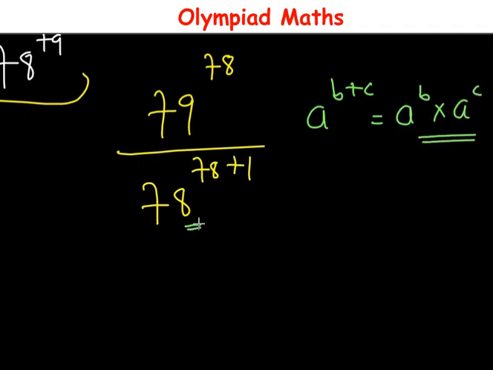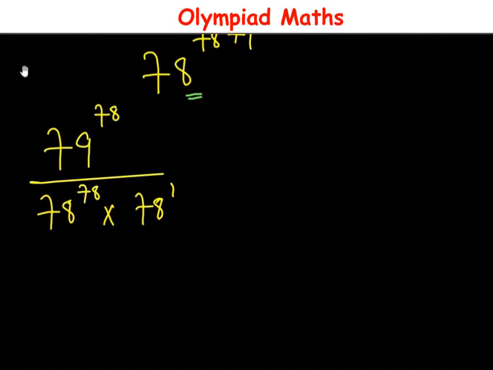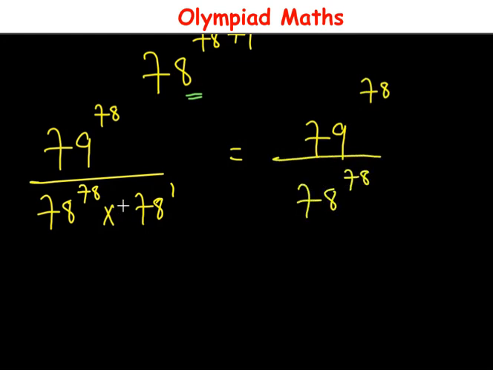Applying this rule, what we have is 79 raised to the power 78 over 78 raised to the power 78 times 78 raised to the power 1. Then we can write this as times 1 over 78 raised to the power 1.